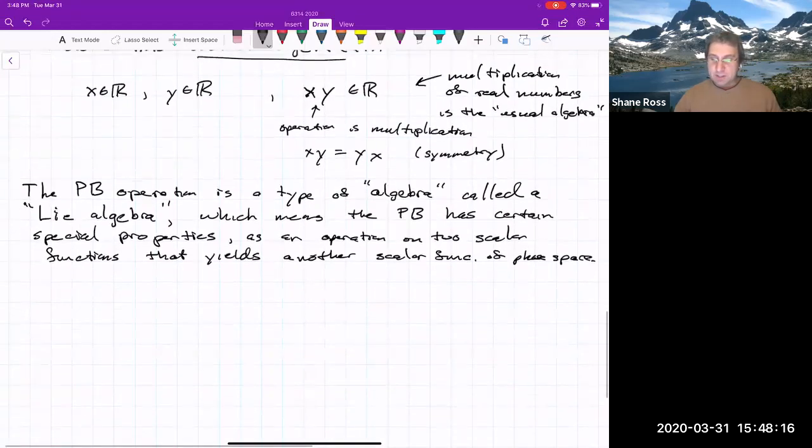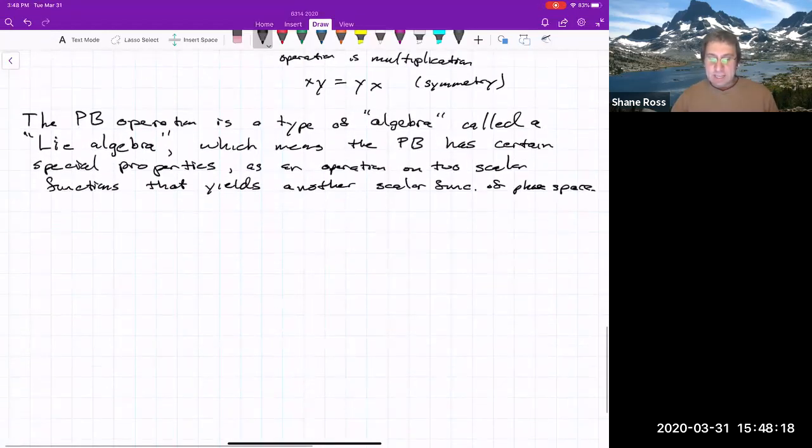And here are those properties. These are the properties that any Lie algebra will obey. And I will show you an example of a Lie algebra that you're very familiar with after we go through the properties.